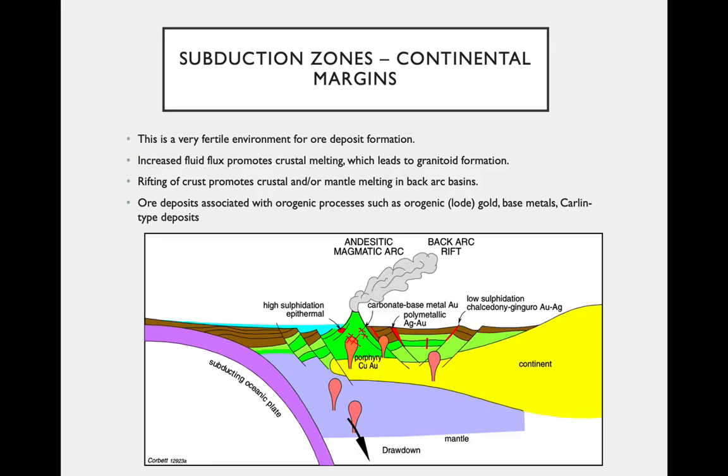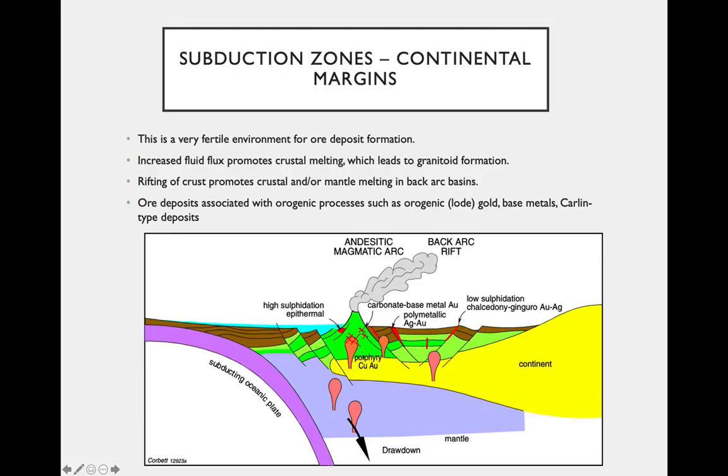So the main reason we get lots of magmatism in these settings is we have the fluid released off the subducting plate, intersecting hot portions of the mantle that promote melting, and the movement of magma into the crust leads to its differentiation and additional melting in a high heat flow environment of the magmatic arc.